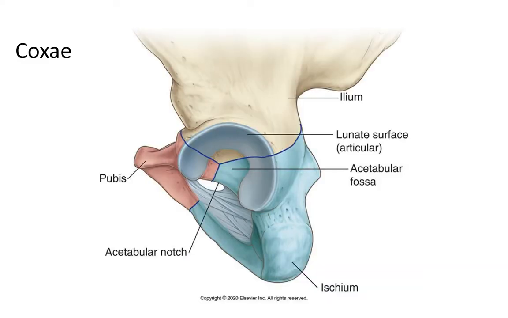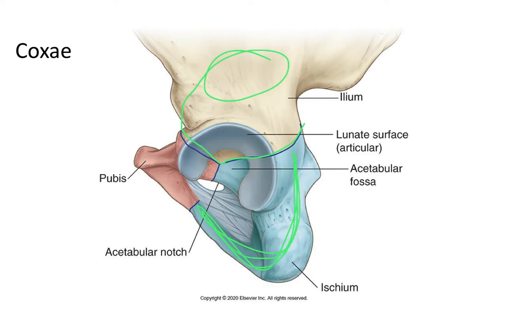All right, to continue with the coxal bones, we just want to point out that the coxal bones are actually made of 3 separate bones that have been fused together, and those bones include the ilium, which is this major part right here, and here are the dividing lines. The ischium, which we've said already was in the posterior part of the coxal bone, right here.